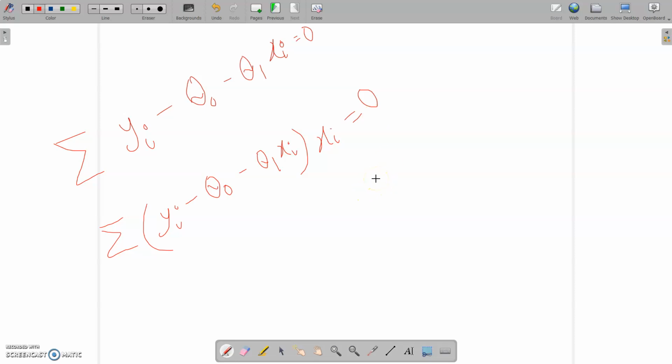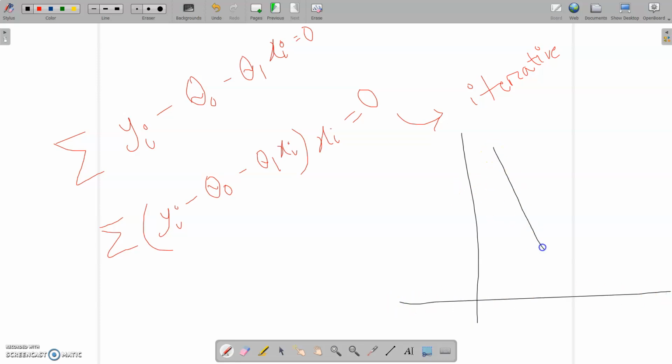One way to do it is using iteration. There is an iterative method. To understand the iterative method, think of it this way. You have this curve. Say for example the curve is like this. This type of curve is called a convex function curve. At this point, say you have a value of the gradient like this. So you change theta 0 and theta 1.